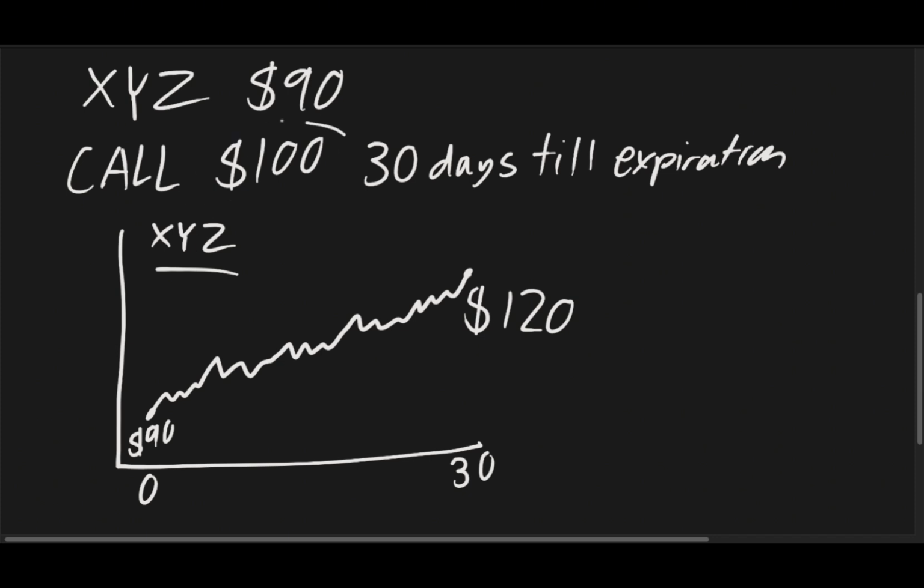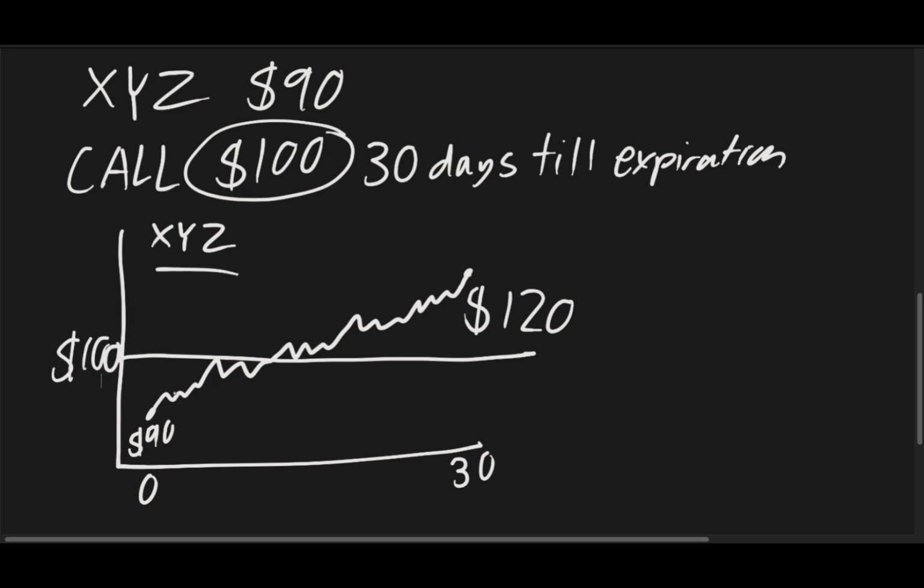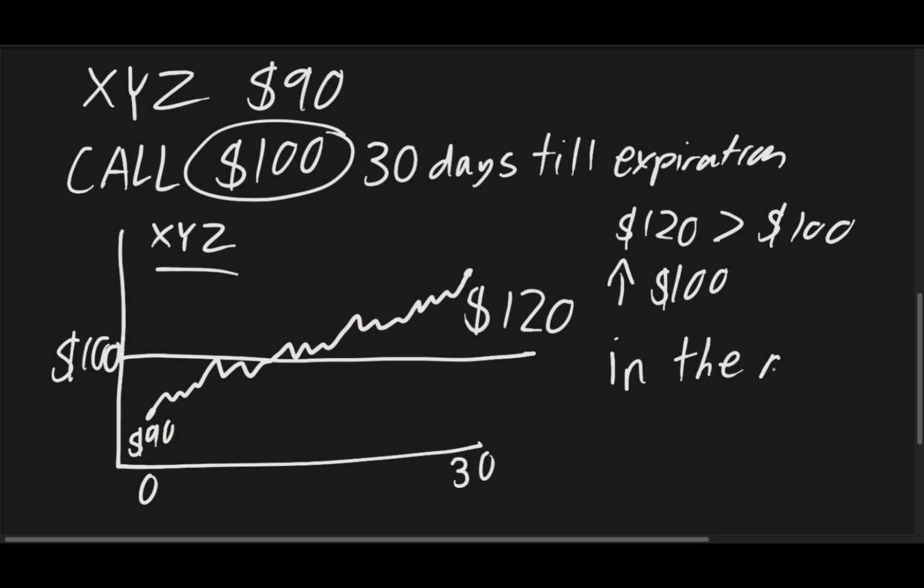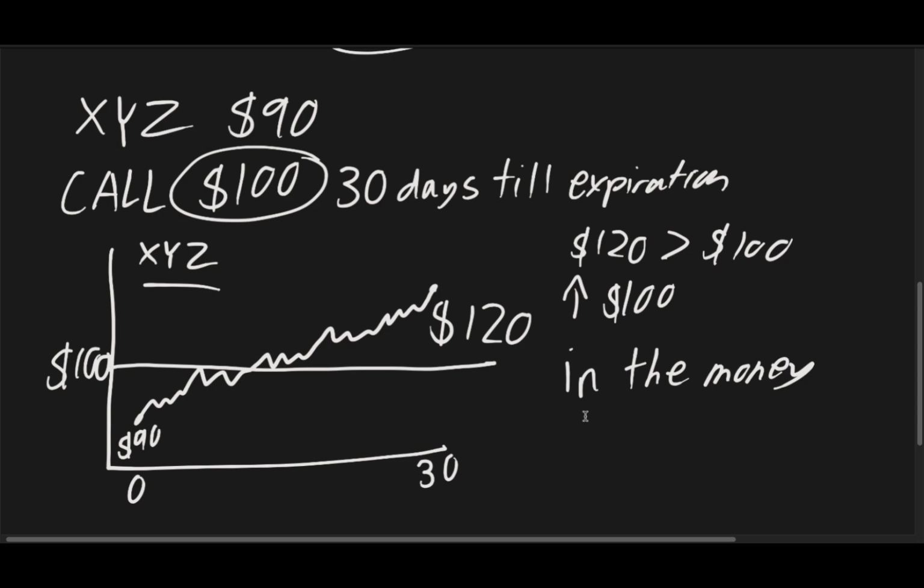And we have a call option at $100, so let's say $100 is somewhere here. Since the price after the 30 days is higher than 100, since 120 is greater than 100, this means your option is in the money, which basically means you will make money.